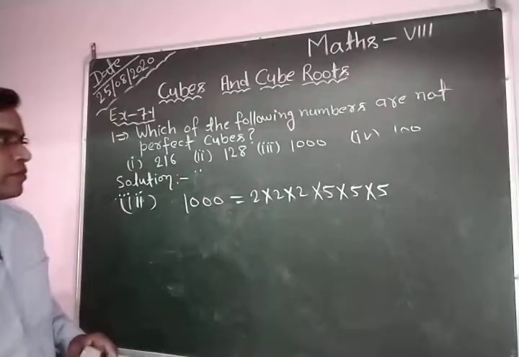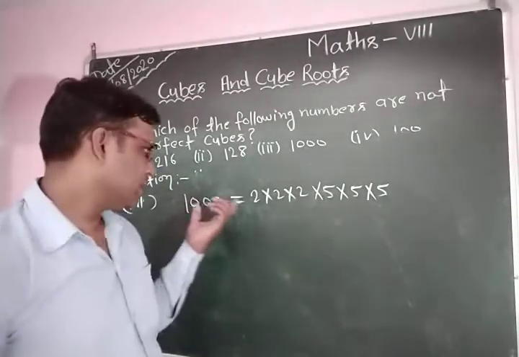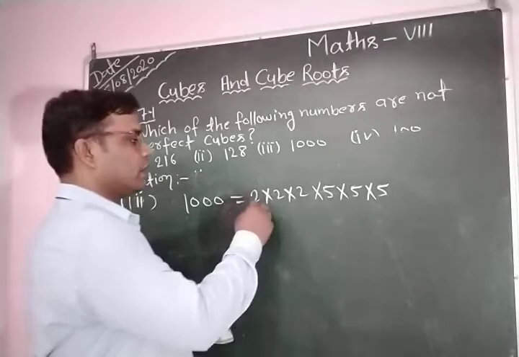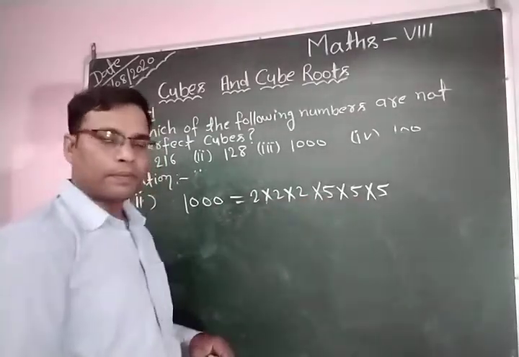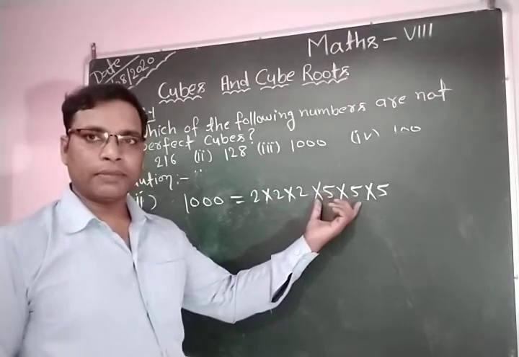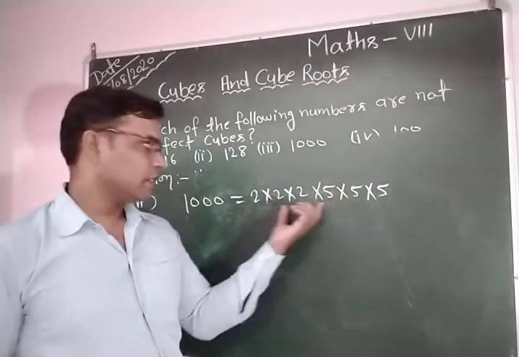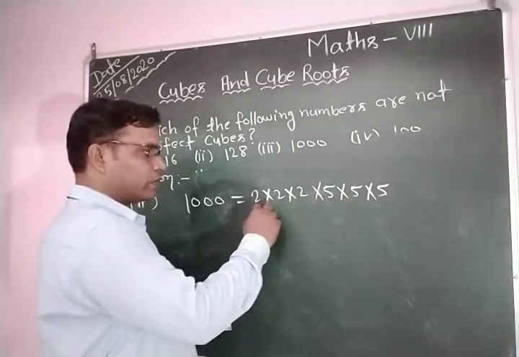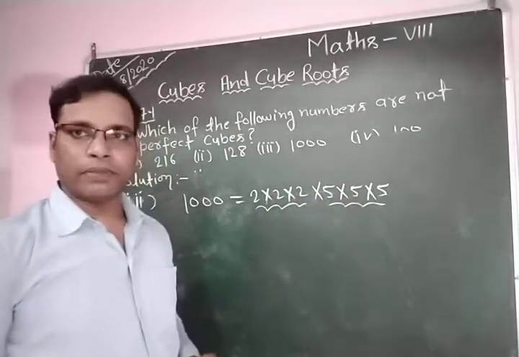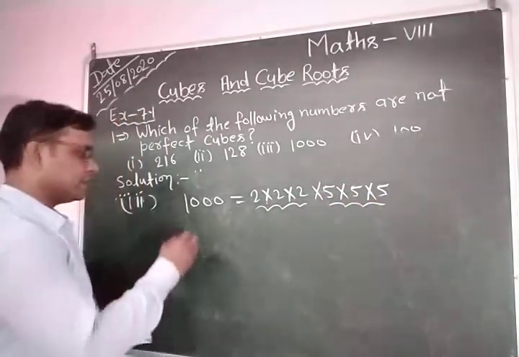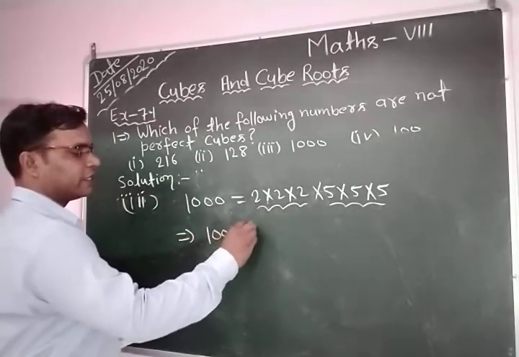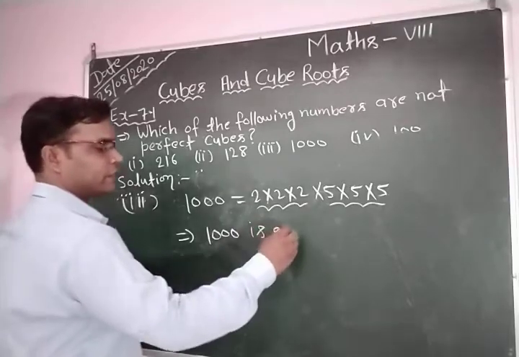Here you can see both factors are in group triplets. The group of 2 is a triplet and 5 is also in a group triplet. So this implies that 1000 is a perfect cube.